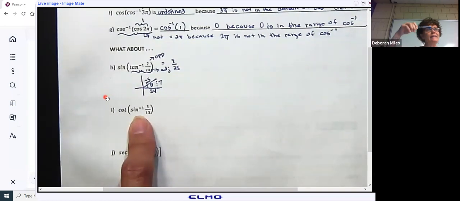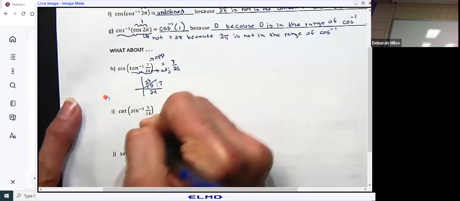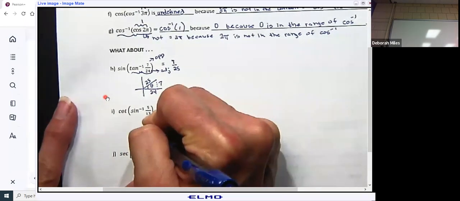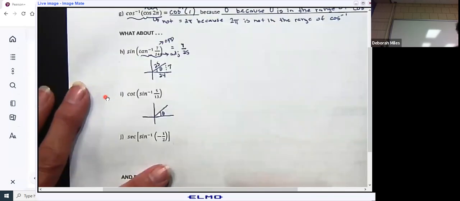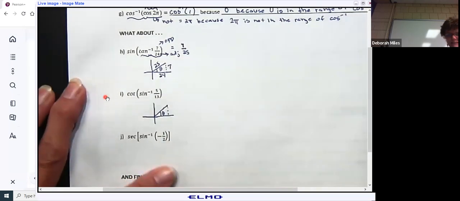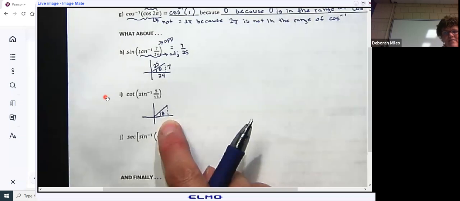Inverse sine always gives you a fourth or first quadrant, and it's first quadrant where sine would be positive. So I'm going to draw a first quadrant angle, call it theta. Drop a vertical line down to the x-axis, and then label that right triangle in such a way that its sine would be 5/13.